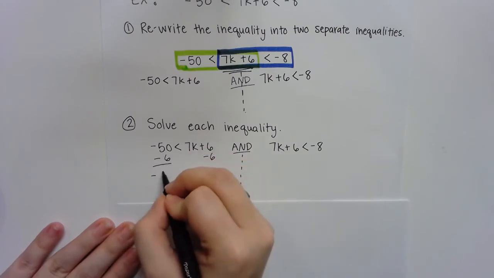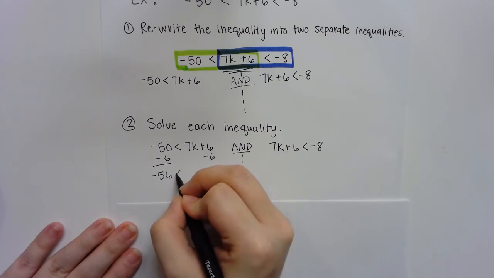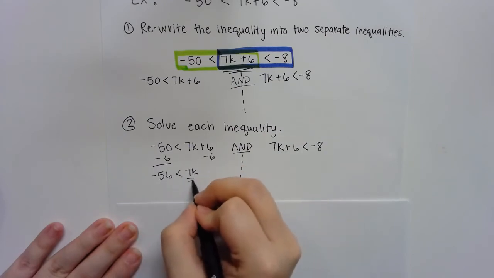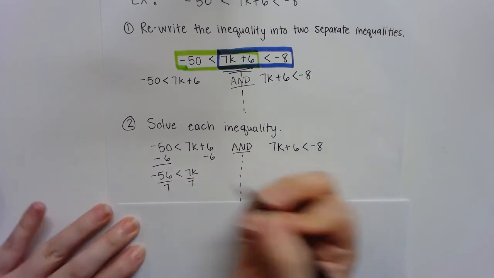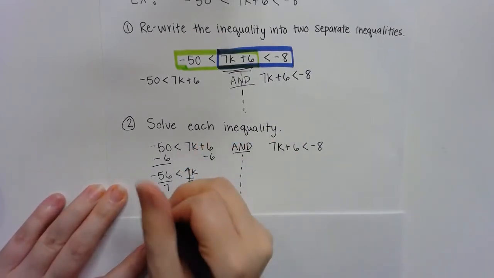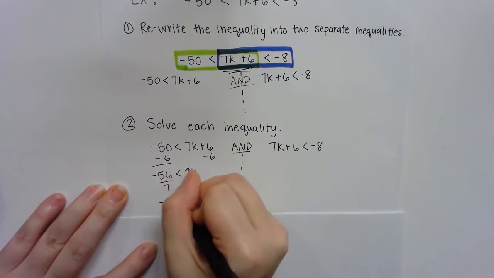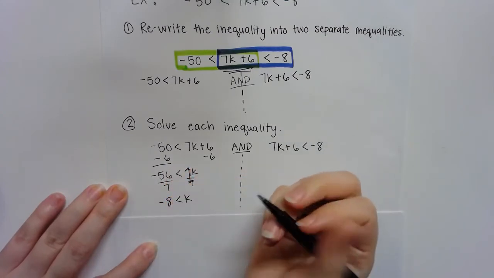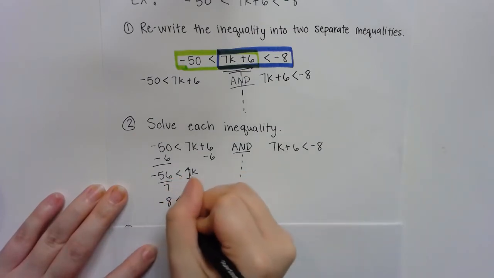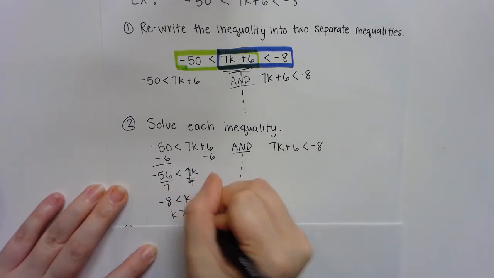That would give me negative 56 is less than 7k. Then I would divide by 7 and divide by 7 to make this 1. So then I have negative 8 is less than k. If I flip that around, that would be k is greater than negative 8.